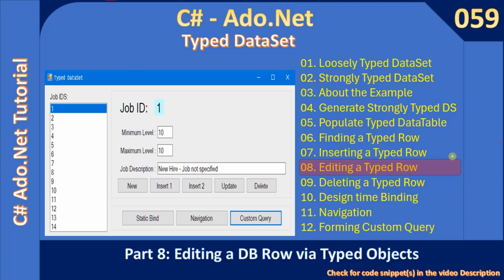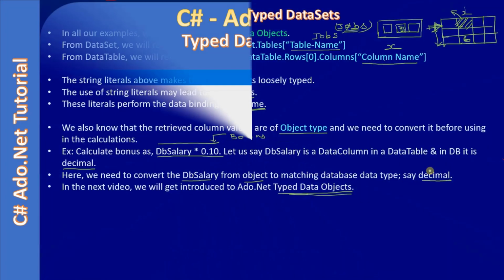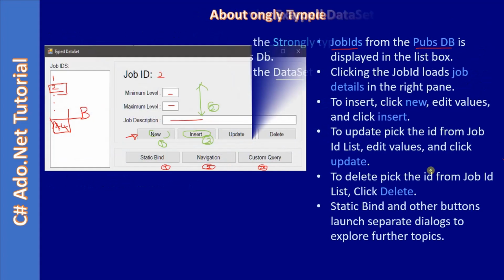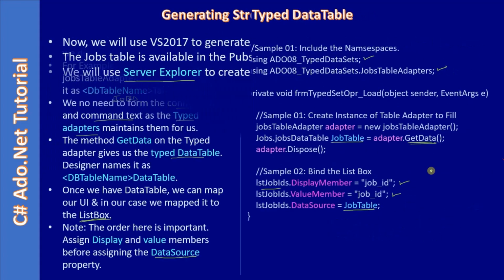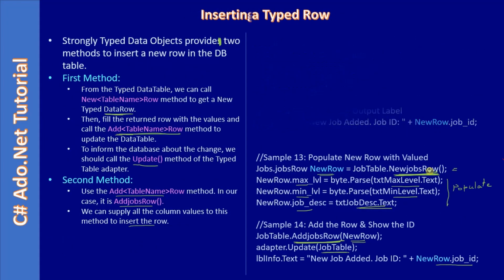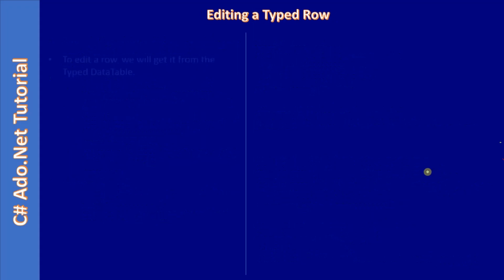Now we will see how to edit the specific row using the typed data objects. To edit a row, we will get it from the typed data table.